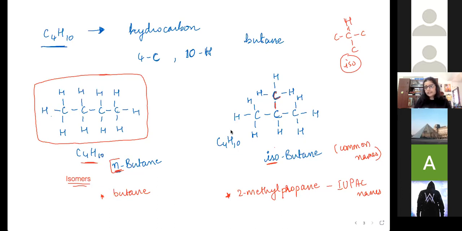Okay, so if you guys are done noting this down, there is another compound that has become relevant in the last couple of years. I want to show you the structure and all of that. Abhi, do you have any more questions? Your hand is raised, or is that from before?